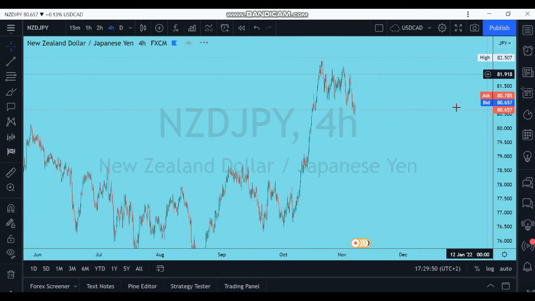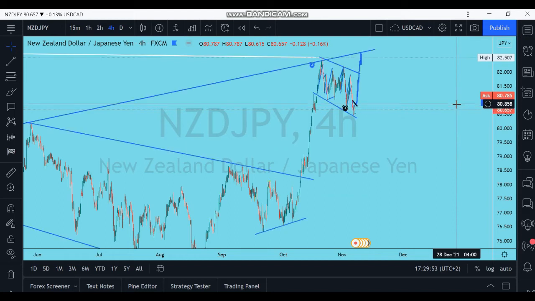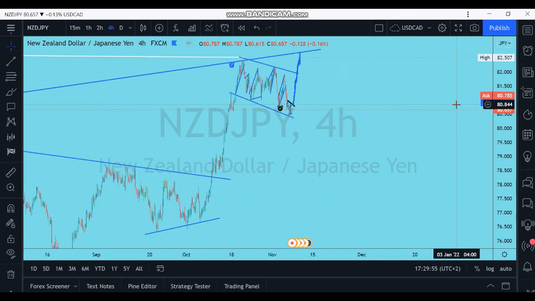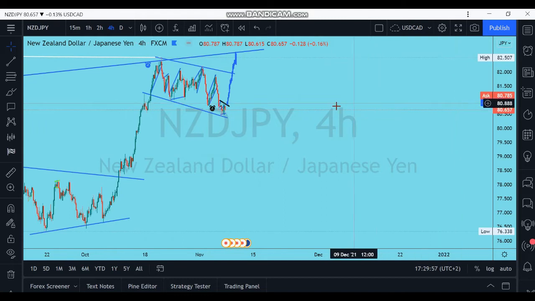On NZD-JPY, I'm still looking for a continuation pattern to fill up the structure. I'm the one who says this is not yet over. This is not the moment, the breakout of the momentum. The momentum is still bullish, as you can check, coming from impulsive move, correction.